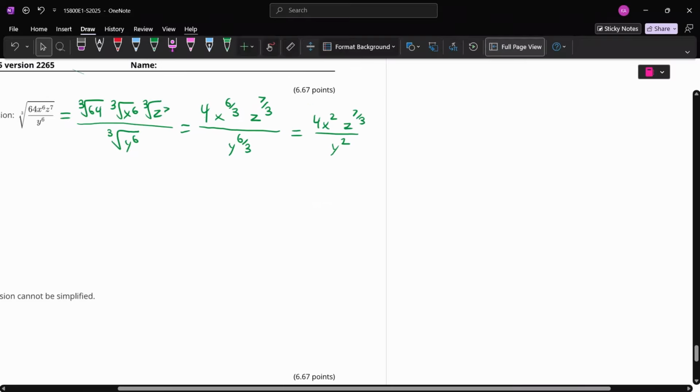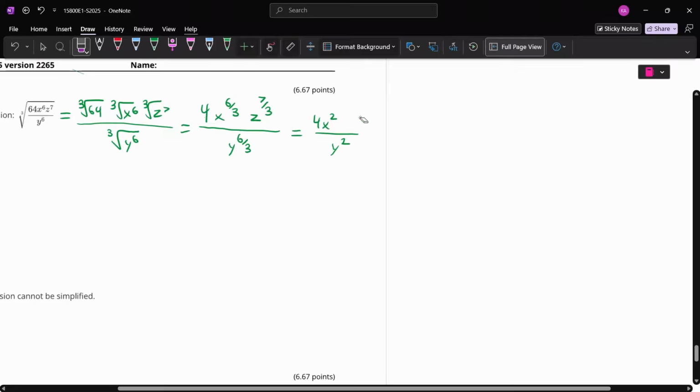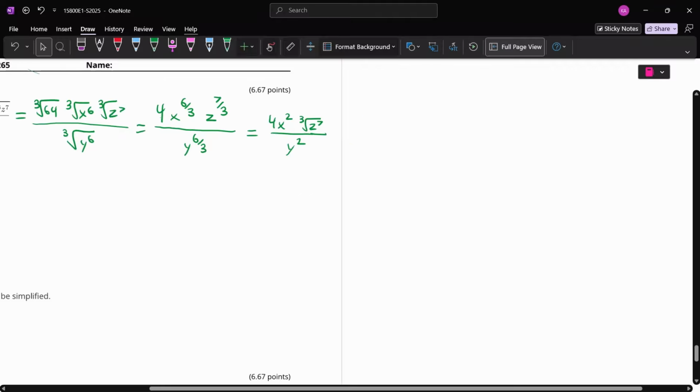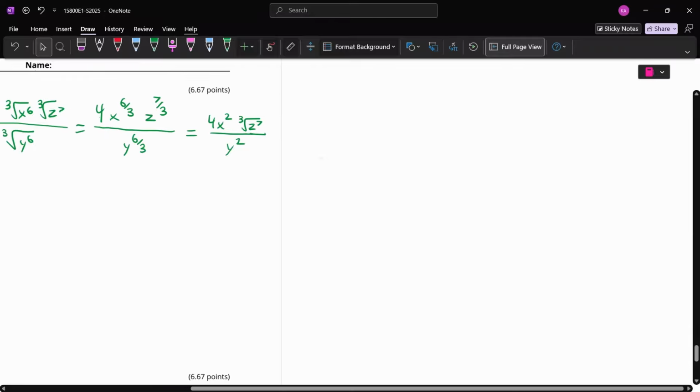Now there is one more thing we can do with this z. We can split it up a little bit more. So I'm going to rewrite this as the cube root of z to the 7th, and I'm going to use the rule of distributing radicals that I used earlier to get to this point in the first place and do it again on z, so that we're not just stuck with z to the 7/3 power, because that's not a very pretty number.